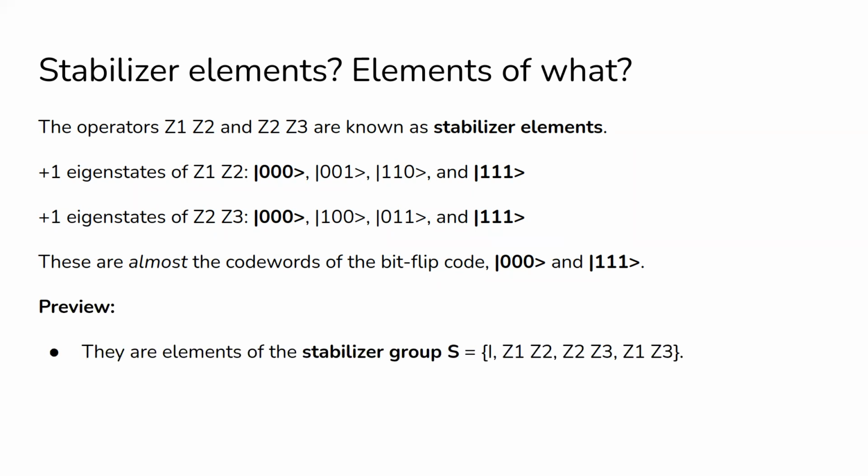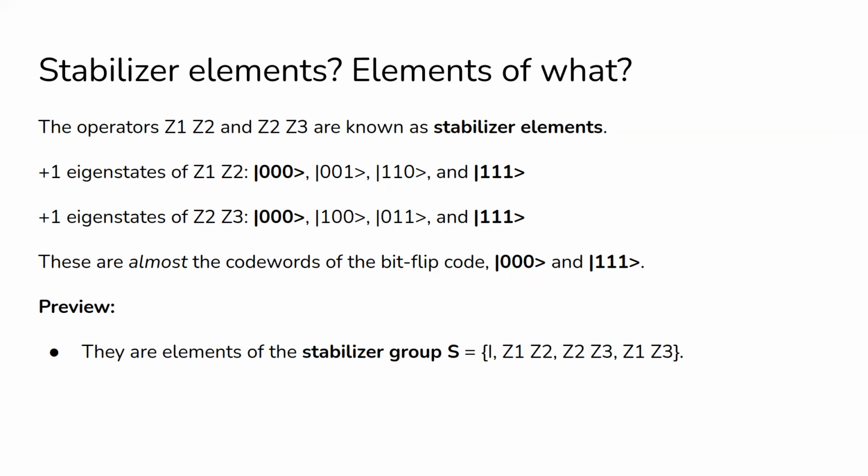And the idea is that they're elements of the stabilizer group. The stabilizer group is formed by considering these 2, Z1, Z2, Z2, Z3, as generators. These are going to be generators for the group. And so what does that mean? Well, in the group here at the bottom, you see each of the generators.